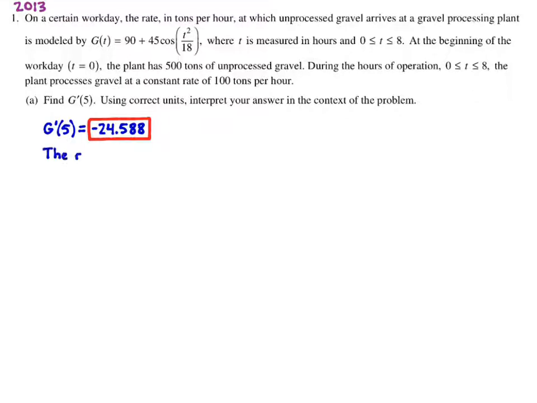So we would say the rate at which unprocessed gravel arrives, let me take a step back here. The rate at which unprocessed gravel arrives, that statement is a G statement. In other words, all of this can be rephrased by using just G.